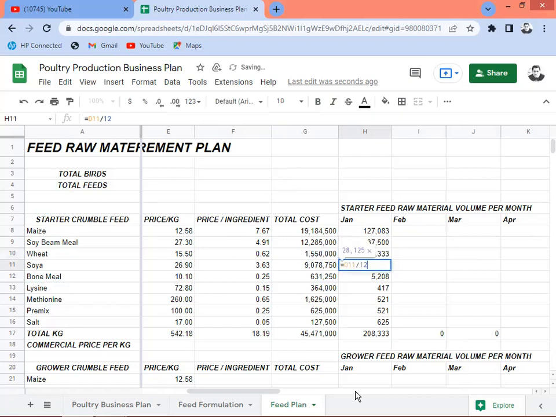That's it. So for the next one, same process: F2, F4, enter. F2, F4, enter. And the last one would be F4, enter. Now we'll be able to copy it.